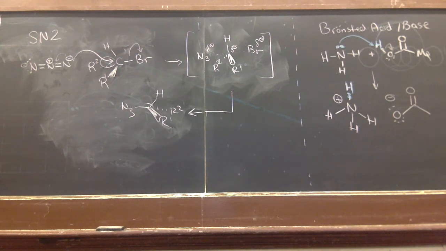Here's another place where translation can become a problem. I often hear students make the assumption that if something starts as R, inversion of stereochemistry means that the product will be S. And maybe they see a few examples where they see that and they get it in their head: inversion of stereochemistry, R becomes S and S becomes R.